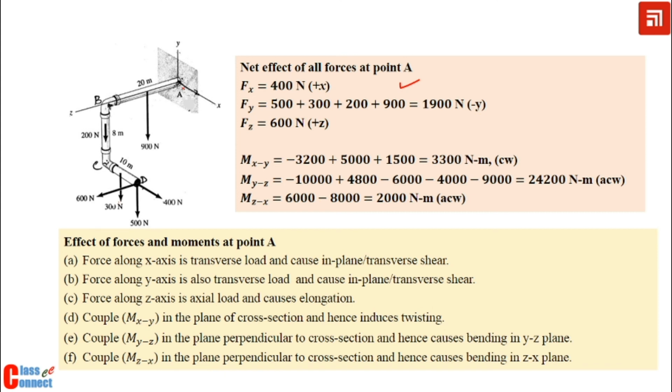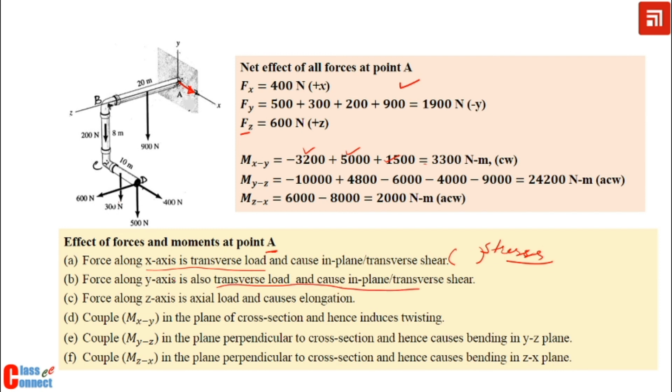Now let us see what is the effect of these forces and moments at point A. Force along the x-axis is the transverse load and causes in-plane or transverse shear, as we discussed. But this in general we neglect when we talk about the stresses, because the value of this stress is very small.